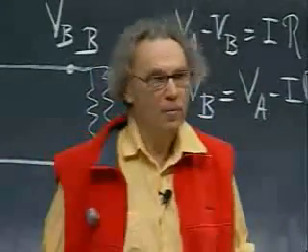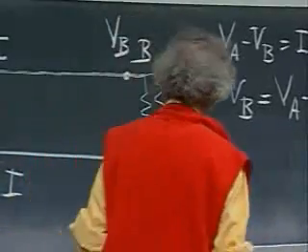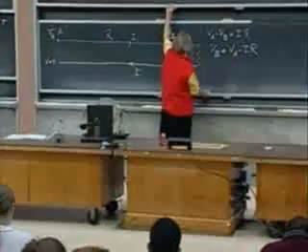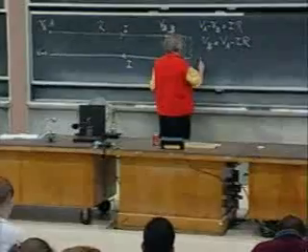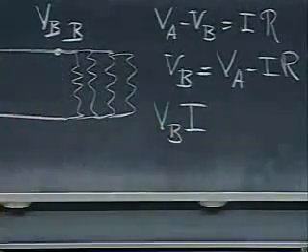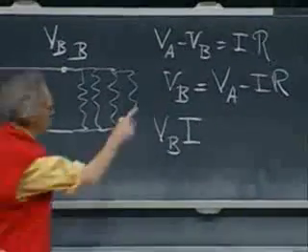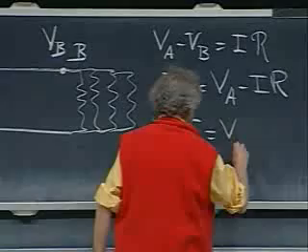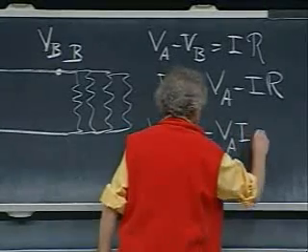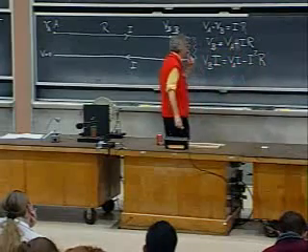Now I want to know if we consume energy, so we're dealing now with power. So the power that we take off at Boston is I times V of B. That's the number of joules per second that we are consuming. So that then equals VA times I minus I square R. That's fine.